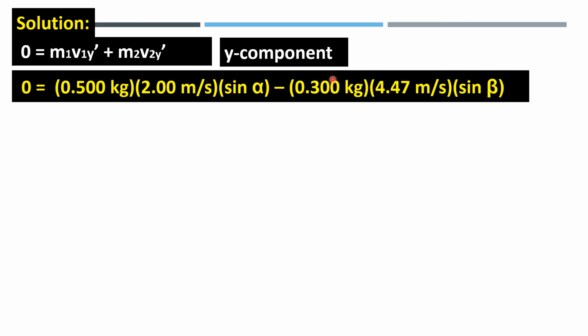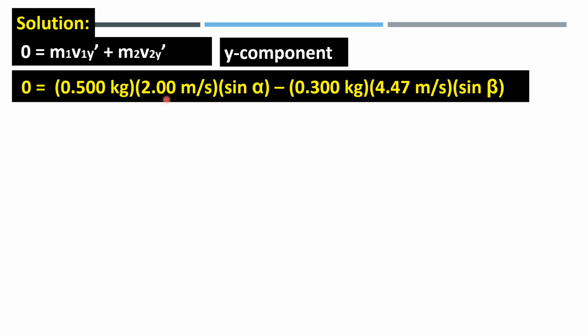So with that, we again plug in all the given quantities for the mass, the larger mass, that is 0.5 kilogram, multiplied by the final velocity of the bigger mass, supposed to be along the y.